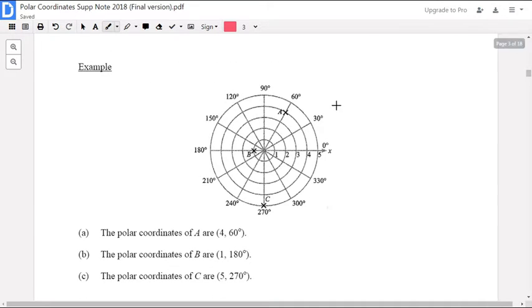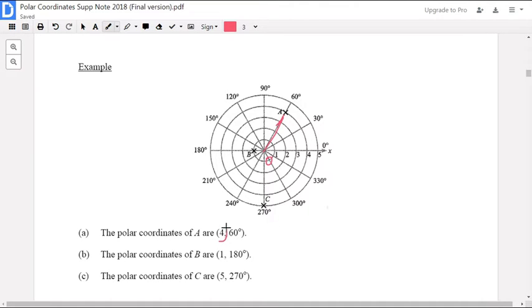Let's take a look at an example. We have a point A here. We can see that the distance from point A to the pole O is 1, 2, 3, and 4 units.